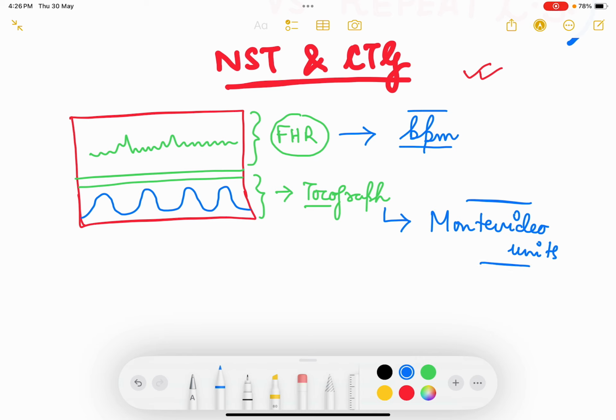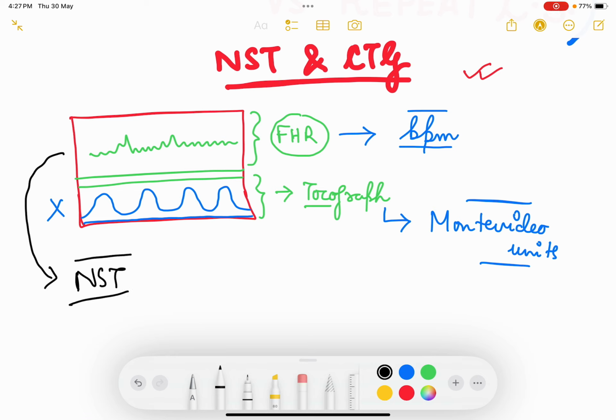Now, whenever you are given a strip in exam, try to see whether the tocograph is present or not. If the tocograph is not present or it is just baseline showing no contractions and only fetal heart rate is there, it means the patient is not in labor. In this case, the strip will be a non-stress test because there is no stress and the patient is not in labor.